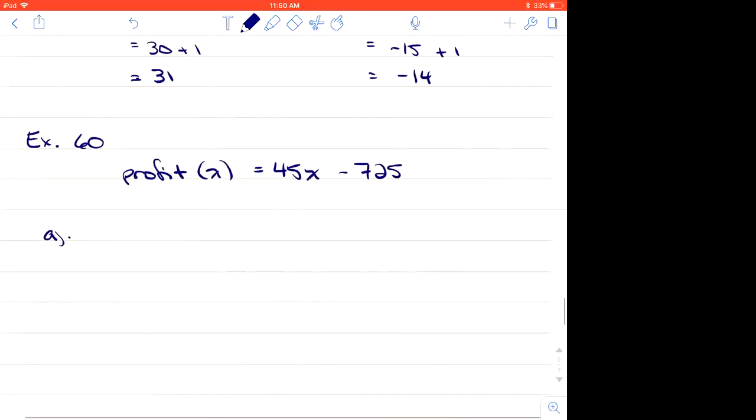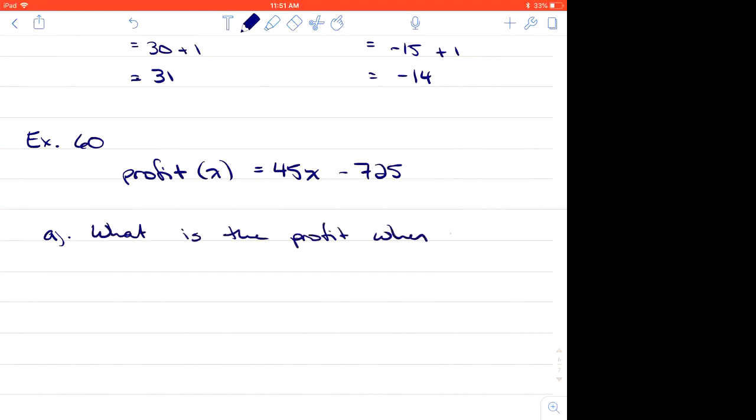So, let's say part A. If I ask you, what is the profit when x is 50? X might be, let's say, the number of things you've sold. Sounds reasonable.